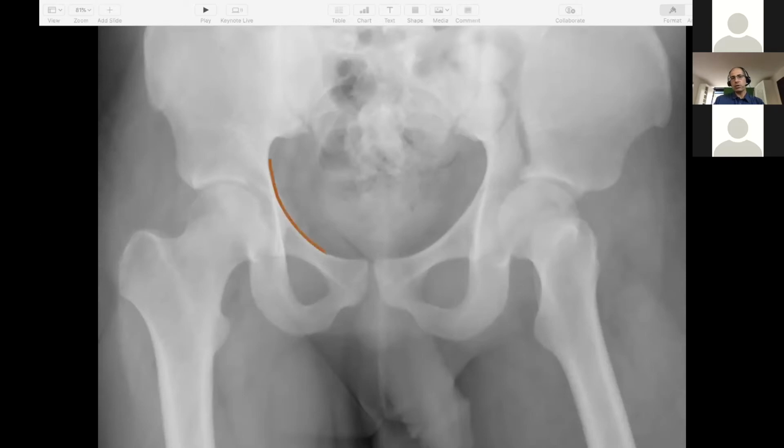We also care about the iliopectineal line, and this is meant to tell us about the anterior column of the acetabulum. And you have the ilioischial line, which tells us about the integrity of the posterior column.